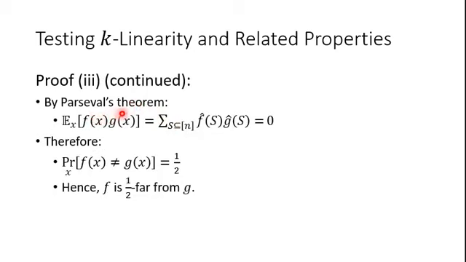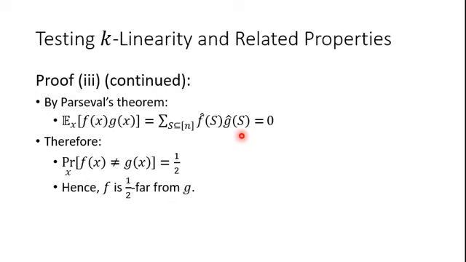So by Parseval's theorem, which we have also seen in class, the expected value over x of f(x)g(x) equals the sum over the subsets S of 1 through n of the Fourier coefficients of f and g for S, and this is equal to 0. And the reason this is equal to 0 is very simple. We can just split into cases whether S equals T or not. If S equals T, then we just saw that g hat of S for S equals T is 0.